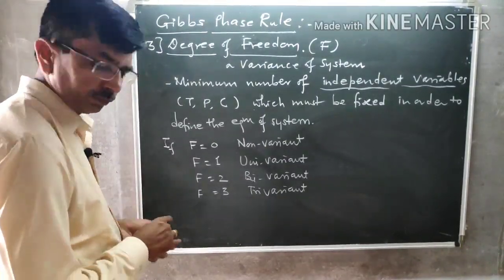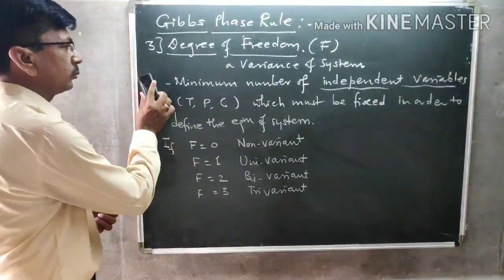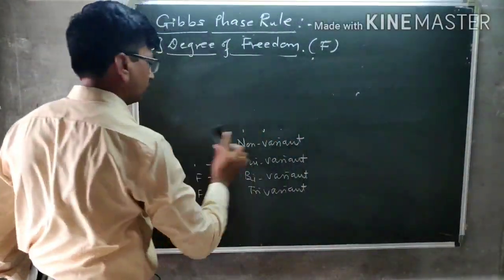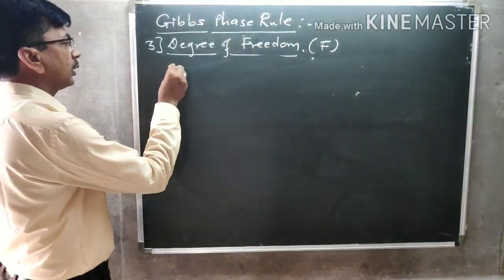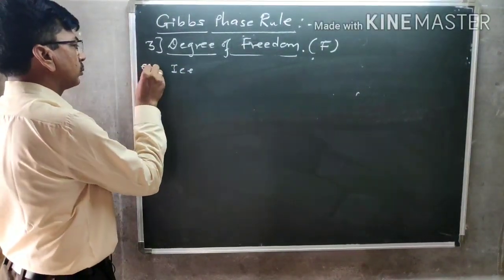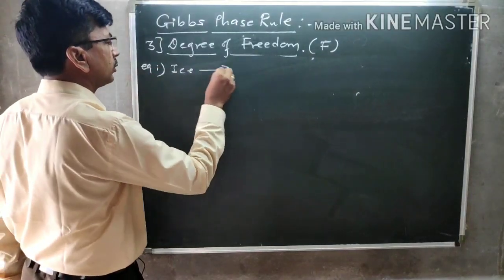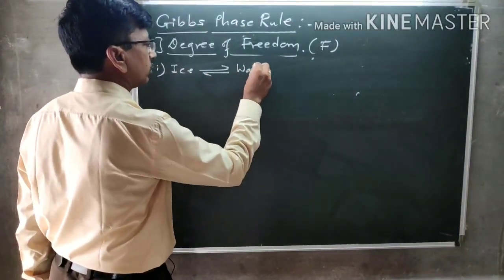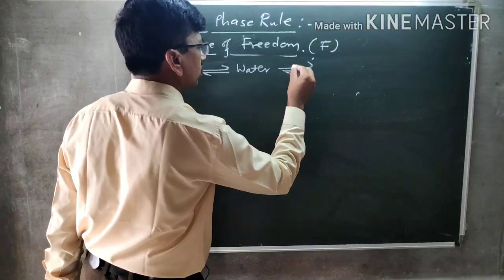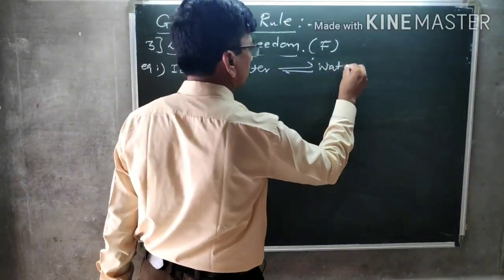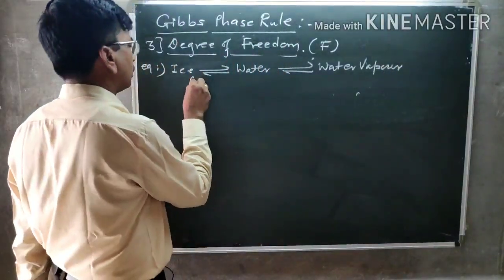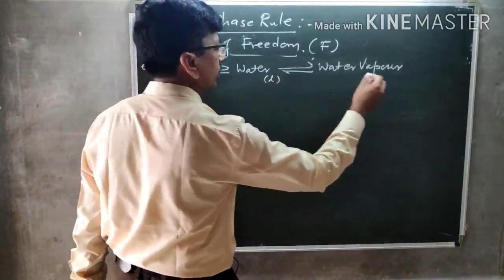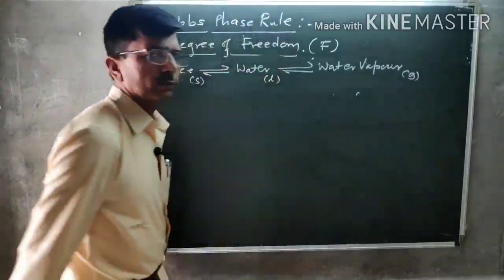For example, let us consider this example, that ice in equilibrium with water, which is in equilibrium with water vapor. Ice in solid state, water in liquid state, and vapor in gaseous state.